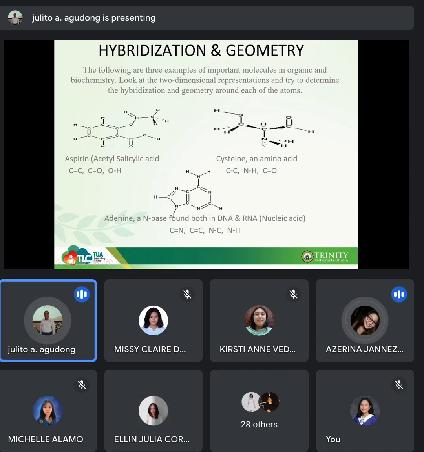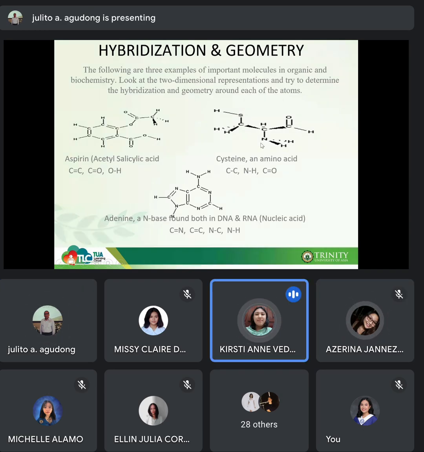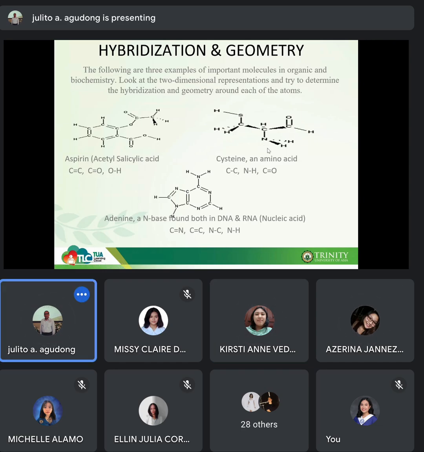No. It has a lone pair. Trigonal pyramidal po. Very good. If a nitrogen has one non-bonding pair, its geometry or shape is trigonal pyramidal. Bent is only for sulfur and oxygen as well.